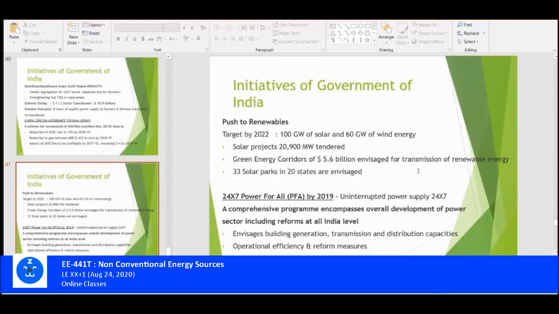A comprehensive program encompasses overall development of power sector, including reforms at all India level. That comprises generation, transmission, and distribution capacities, operational efficiency. All these things we shall discuss in the restructuring of power sector and reforms in power industry in our next topic. So these are certain initiatives.